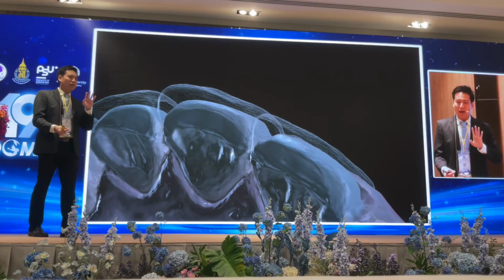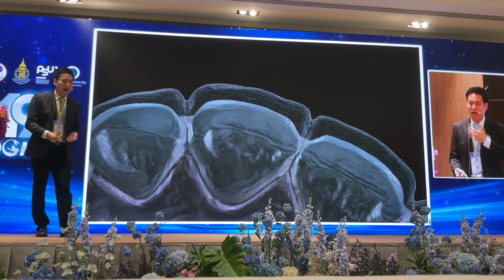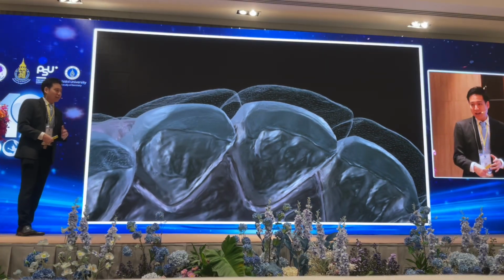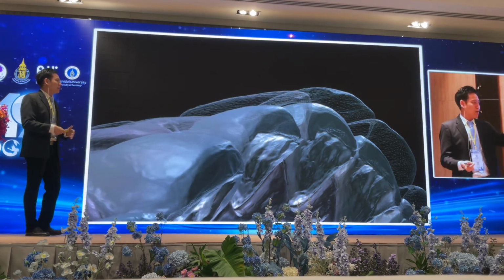Or sometimes you notice the patient wants a natural look, like a natural smile, and the color of the abutment is not that thick, so you can manipulate the thickness of the restoration a little bit because you see this.